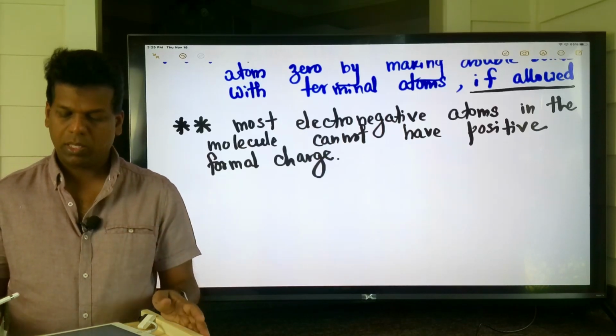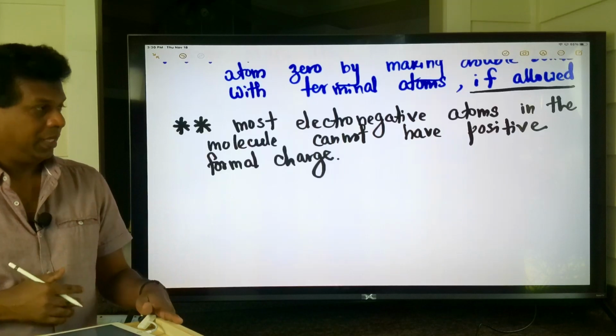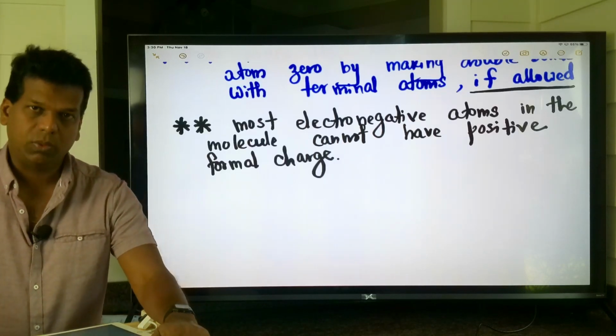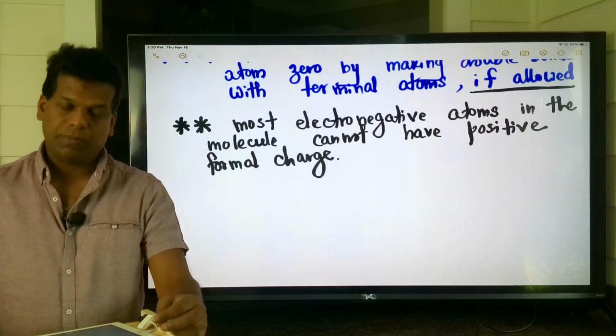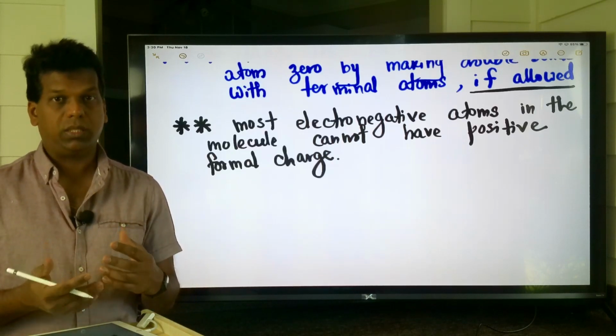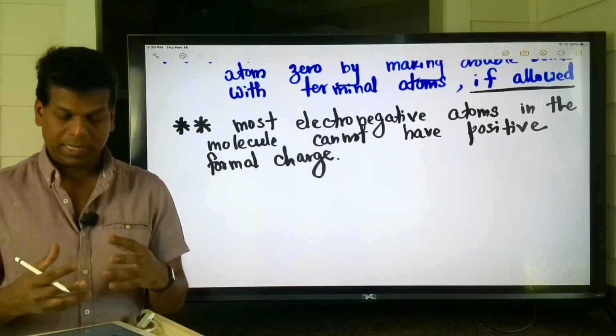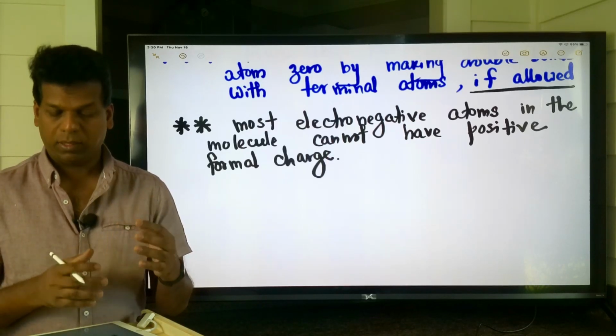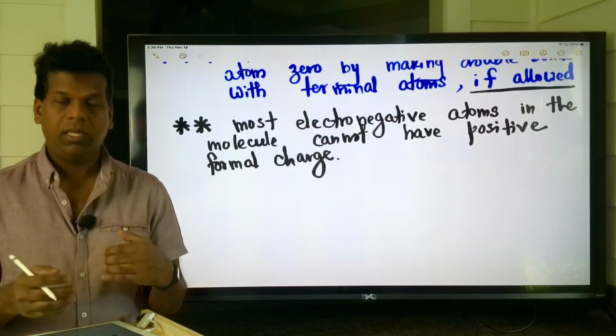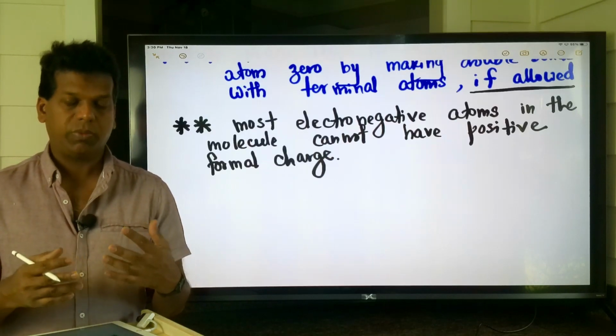The most electronegative atom in the molecule cannot have a positive formal charge. There is lots of information here, so you have to read this carefully, and when you do examples, just pay attention. This is not difficult, but there is a lot of information.